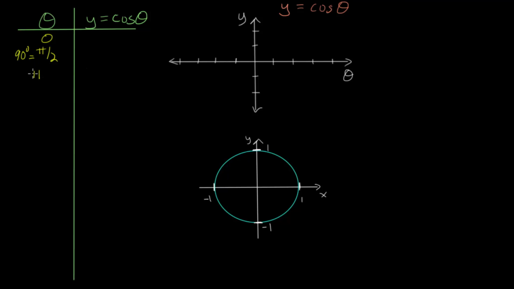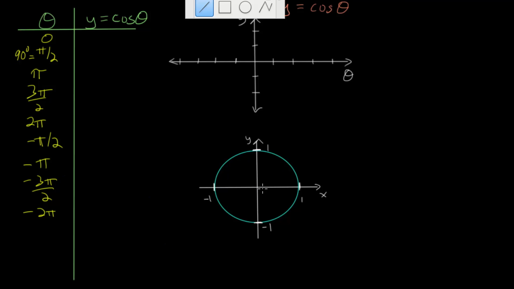We can look at pi radians, or 180 degrees, 3 pi over 2 radians, 2 pi radians, though we can also look at the negative values as well. We can look at minus pi over 2 radians, minus pi radians, minus 3 pi over 2 radians, and minus 2 pi radians. And if we want, we can look at more values.